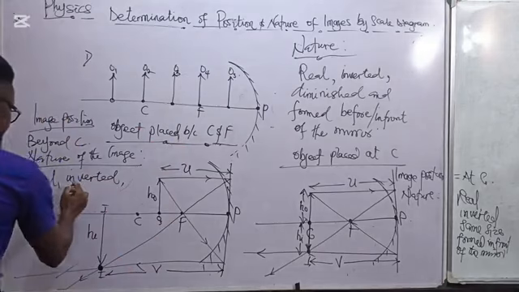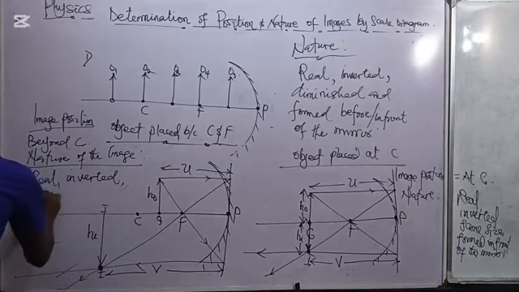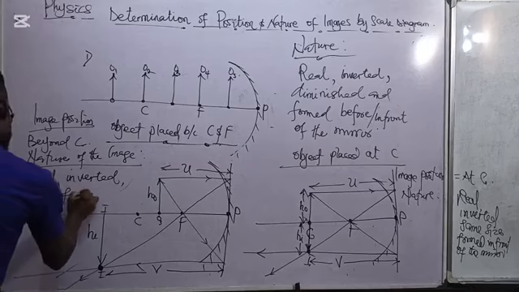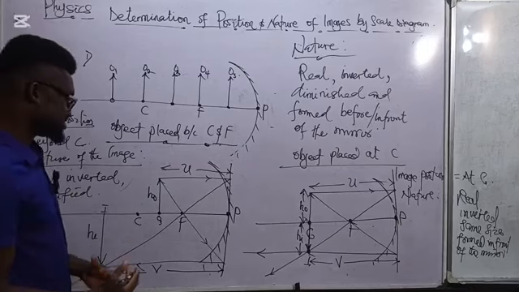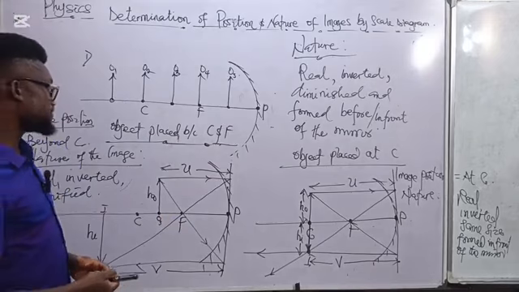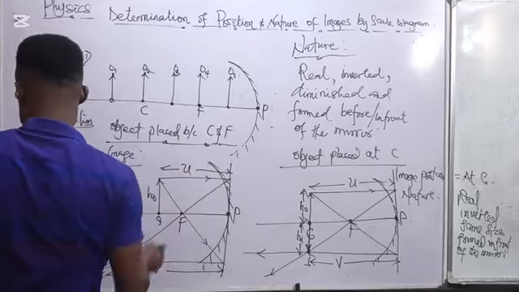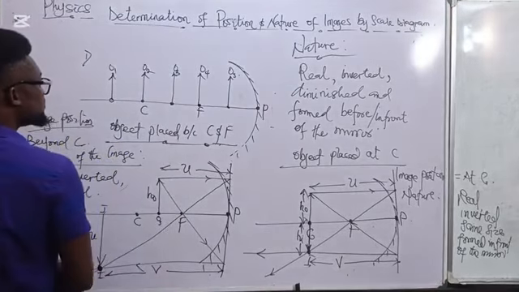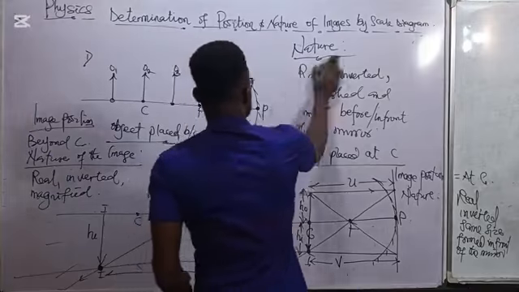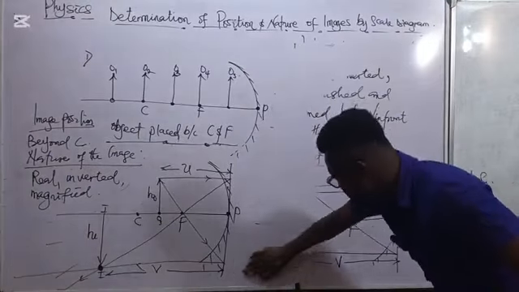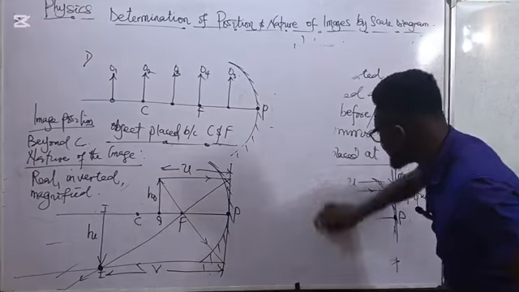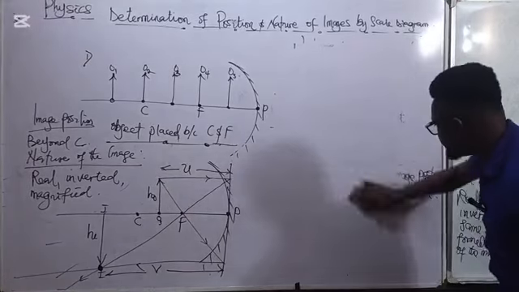So real, inverted, magnified, and also formed in front of the mirror. Let's take another case of the object placed at F. If the object is placed at F, what will now be the position and the nature of the image?